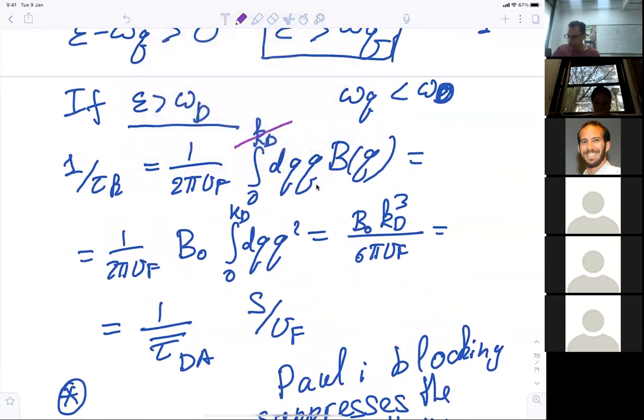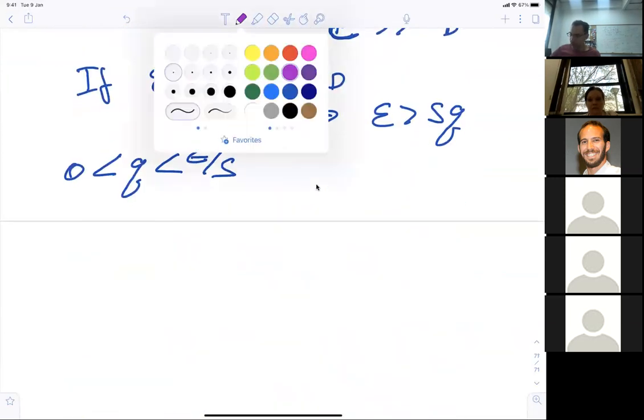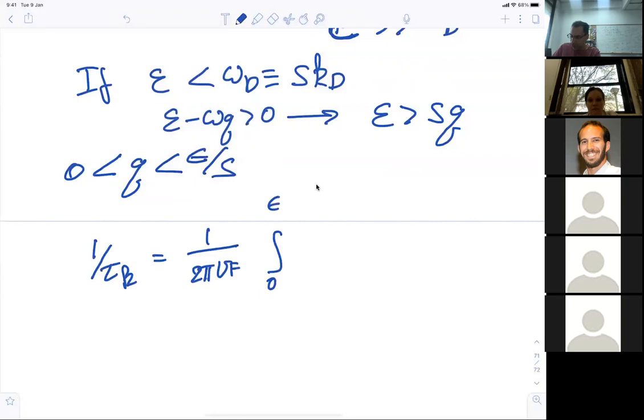It no longer goes up to k Debye, rather it now goes up to energy over s. Let me write it accurately. So 1 over tau k in this regime is equal to 1 over 2 pi v Fermi, integral from 0 to e over s dq b of q times q.